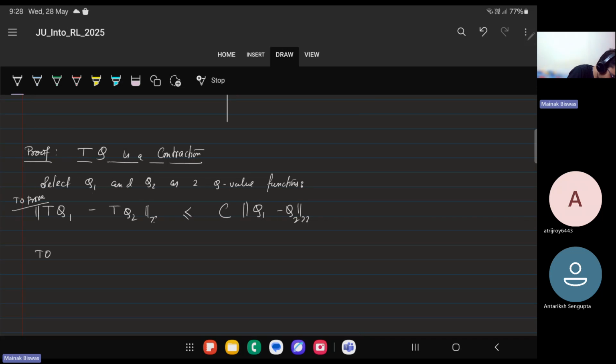So what is T Q1? Say for a particular state S, A. This is the expected value of the reward R of S, A, S dash plus gamma max over A dash of Q1 of S dash comma A dash. I hope you're following.